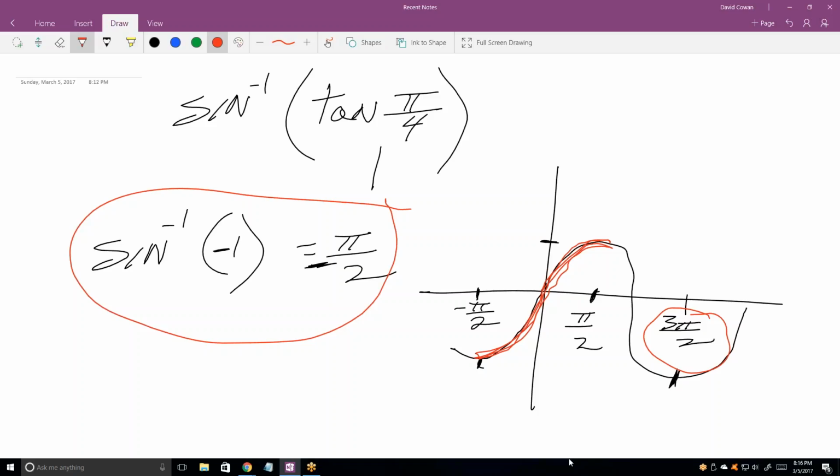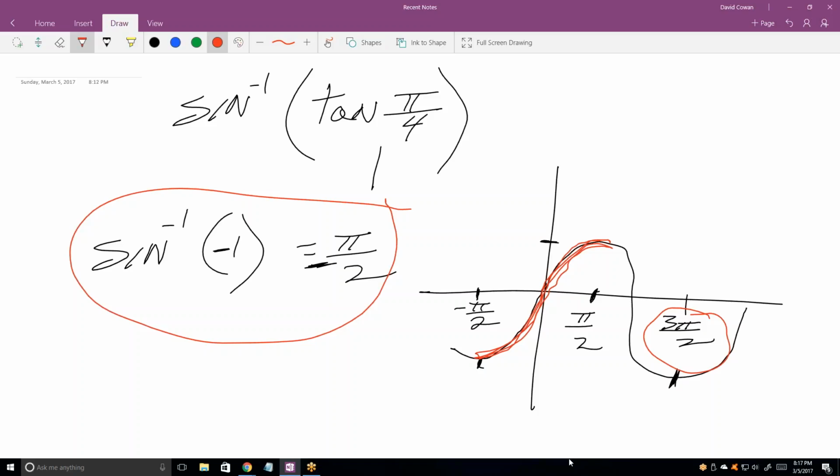Although, okay, I like that. 3 pi over 2 is not really in the third quadrant. Technically, it's coterminal with minus pi over 2. When you're taking inverse sines of positive numbers, you're in the first quadrant.